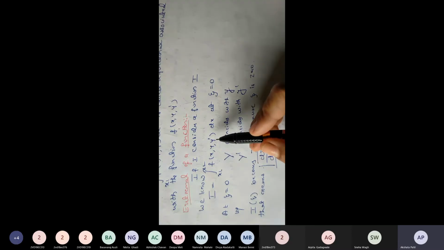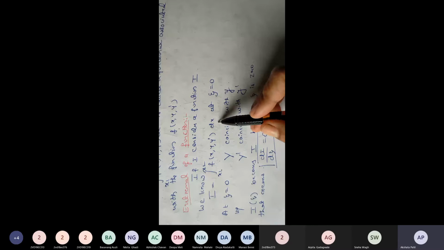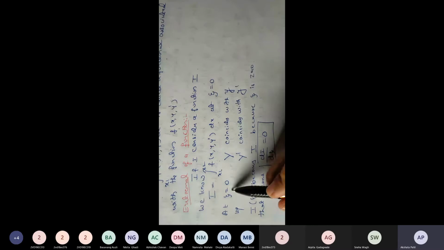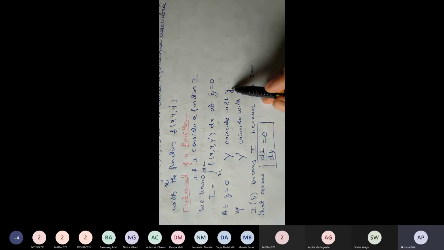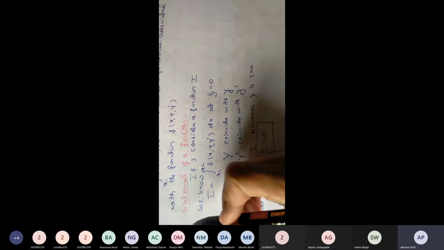At epsilon equals 0, capital Y coincides with small y, and similarly capital Y dash coincides with small y dash. That is, I of epsilon becomes I because epsilon is 0. That means dI by d epsilon equals 0, which means there is no change in the functional with respect to epsilon. This is the definition of extremal of a function, which we explained in yesterday's class.